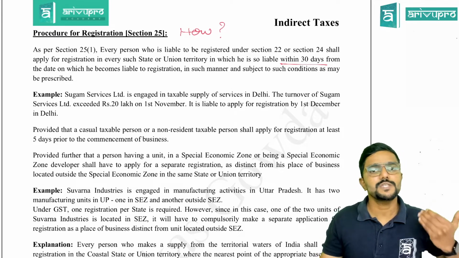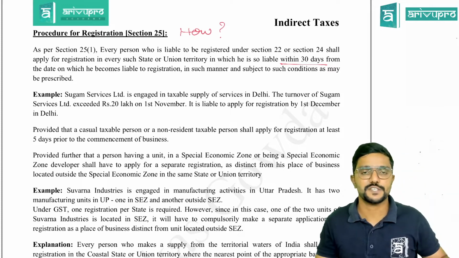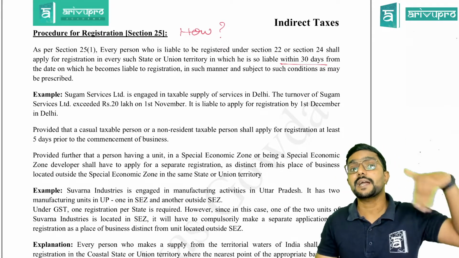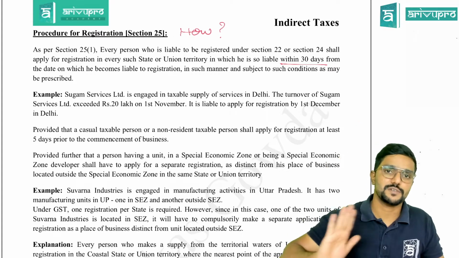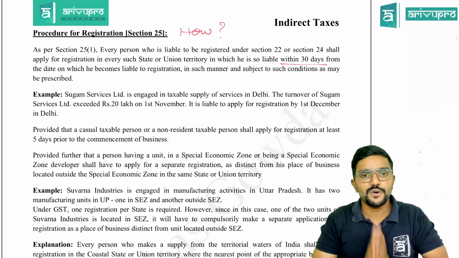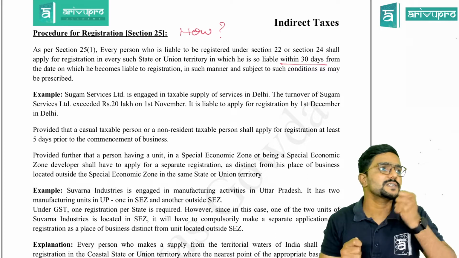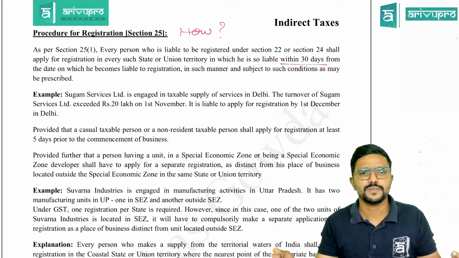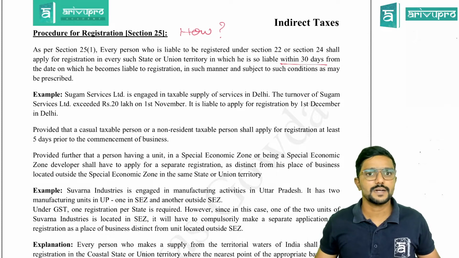That is, once you become liable for registration, within 30 days you need to make an application for registration. Registration can be granted after 30 days, but your duty is to apply for registration. Granting is the proper officer's duty. So once you get to know that you are covered under section 22 or 24 at any point, apply for registration within 30 days. Clear?